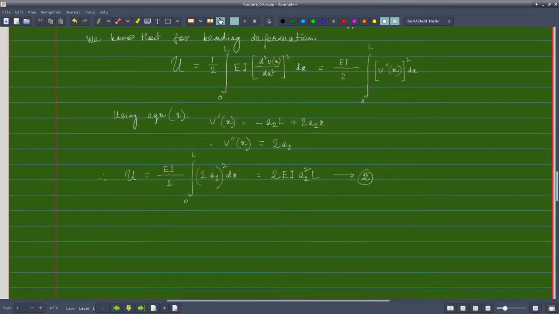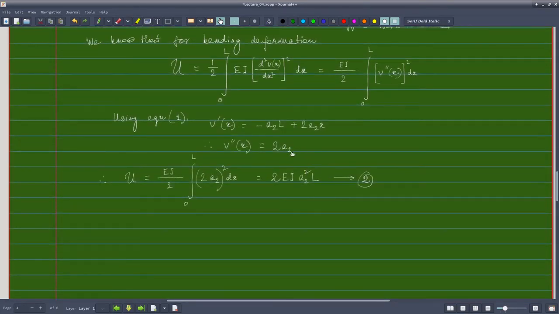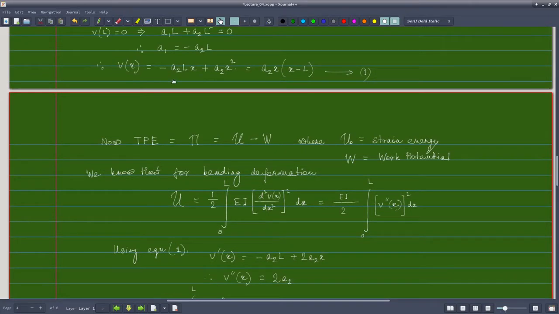So from there we can find the first order differentiation, v dash x, as minus a2l plus twice a2x. Differentiation of minus a2lx will give me minus a2l, and then twice a2x.